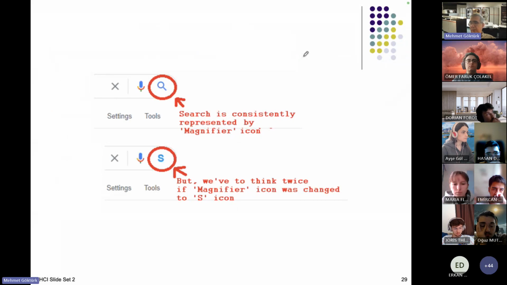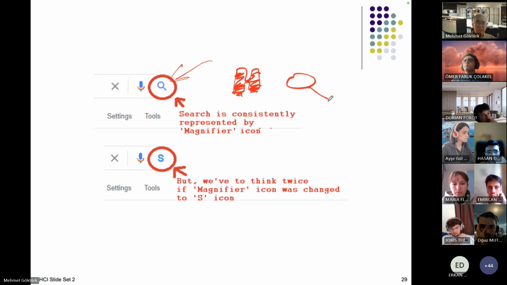Search must be consistent. This is from a book. Search is usually associated with a magnifying glass. Sometimes it is with binoculars, black binoculars. Some people search with binoculars, some people search with magnifiers.